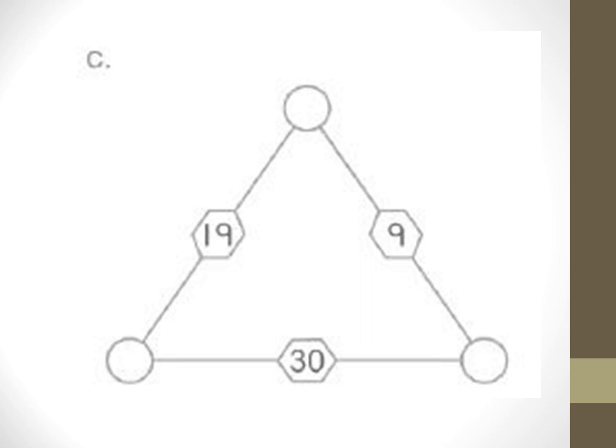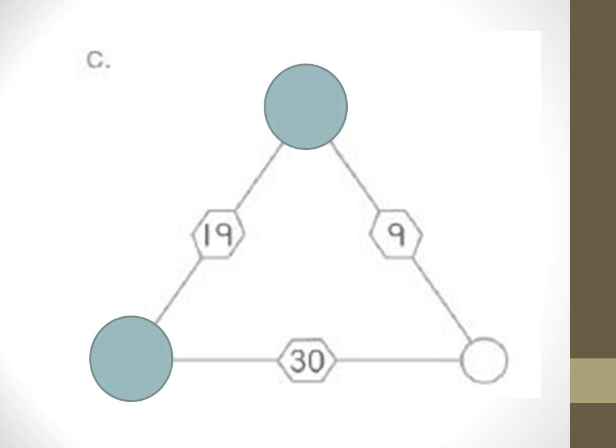Now you have to add numbers to the vertices in such a way that for the side that touches 2 vertices, the addition of the numbers those 2 vertices hold will be the number on the side. For example, the addition of these 2 numbers will be 19.